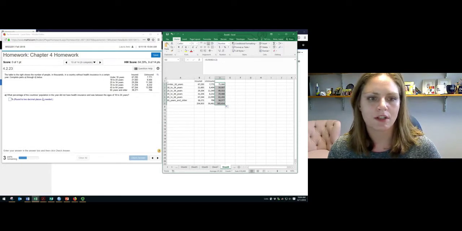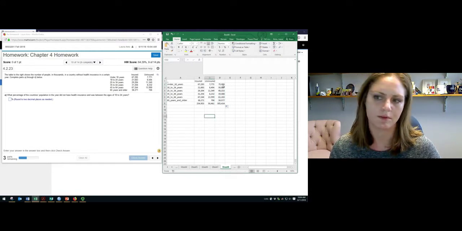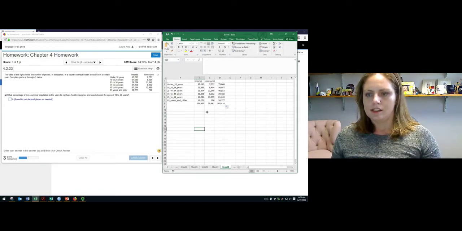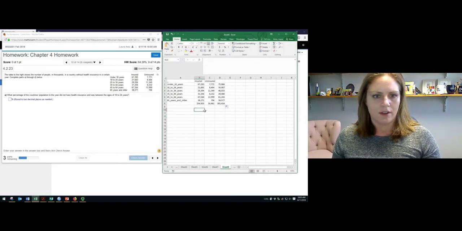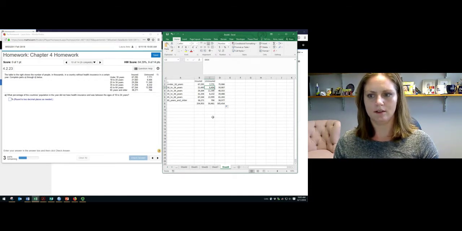Okay, so what percentage of the country's population in the year did not have health insurance and was between the ages of 18 to 24? Okay, or I'm sorry, when I said that I meant under 18. All right, so the percentage that does not have health insurance, so is uninsured, and was between the ages of 18 to 24 is going to be this cell. We have to divide this by the total.